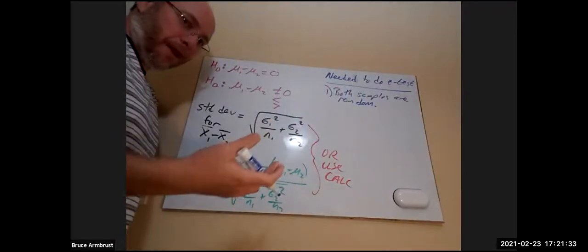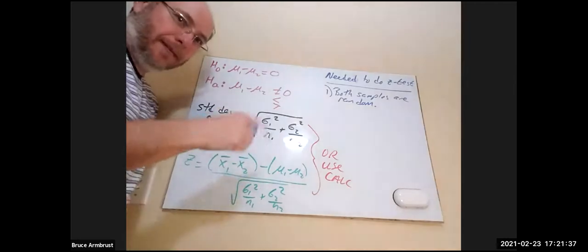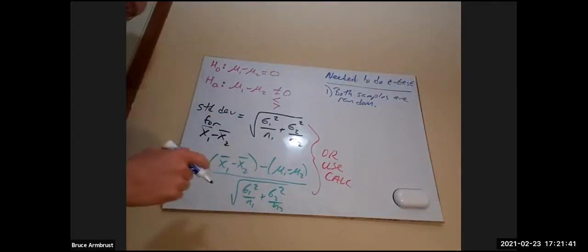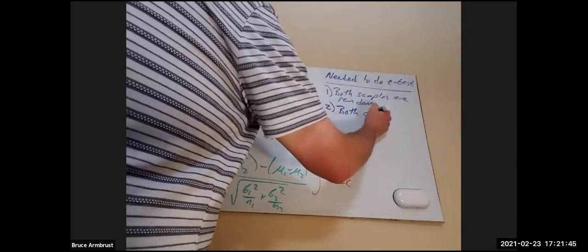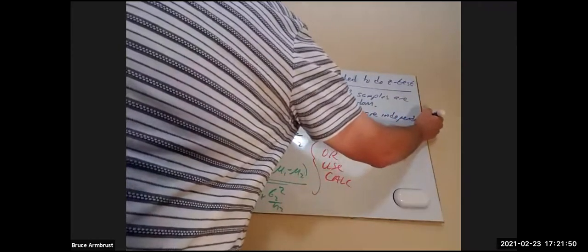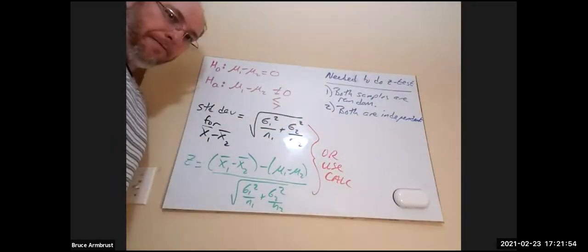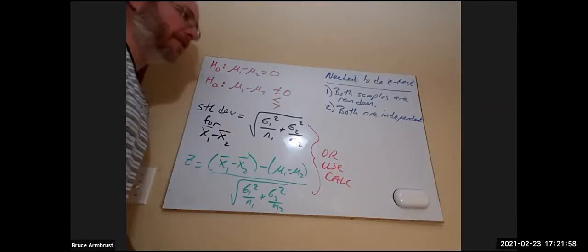So they have to be randomly selected. No big deal. That's pretty much been the standard case for everything. But both of them need to be random. They both have to be independent, that the one doesn't affect the other. So they have to be independent of each other.